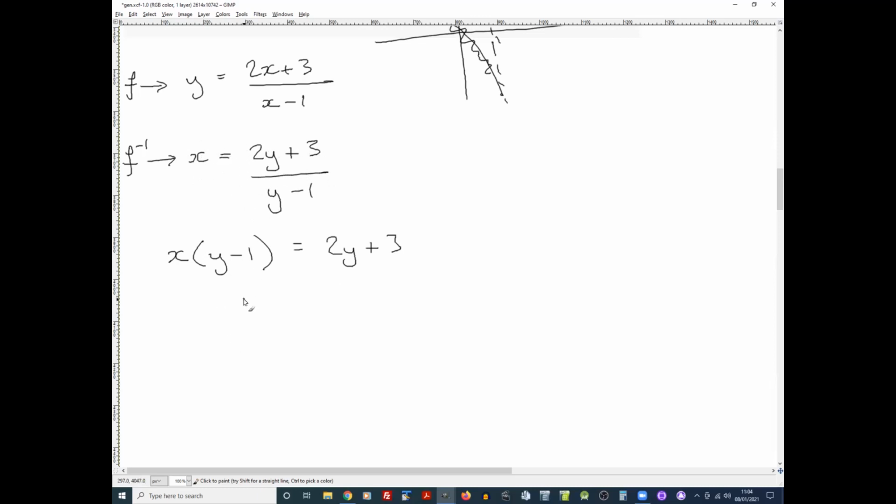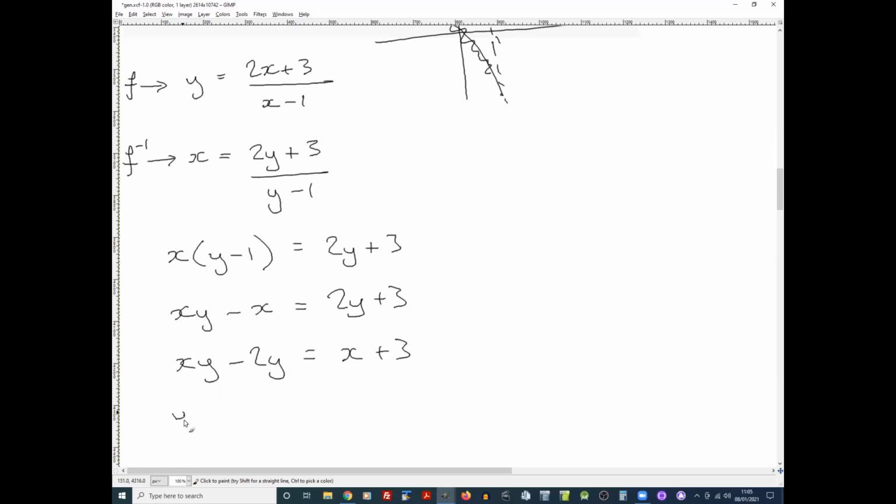So we need to make, oh wait, it's y the subject, not x the subject. Expand the bracket: xy minus x equals 2y plus 3. And then? Plus x minus 2y from each side, absolutely. So we've got xy minus 2y, and then factorize out y.